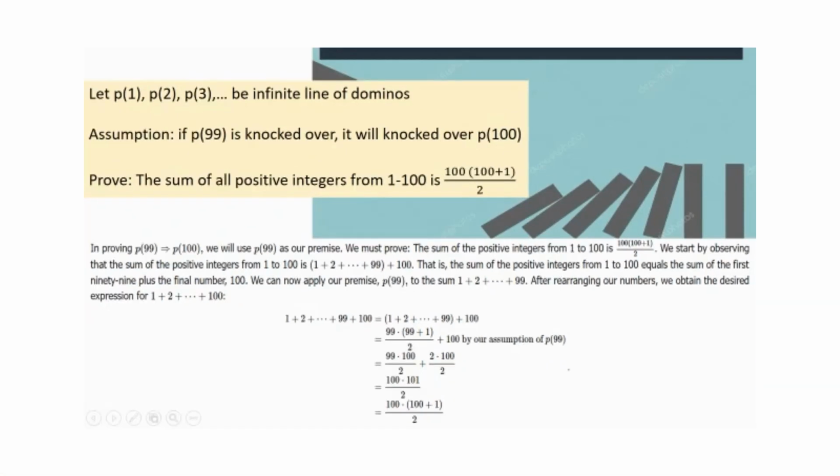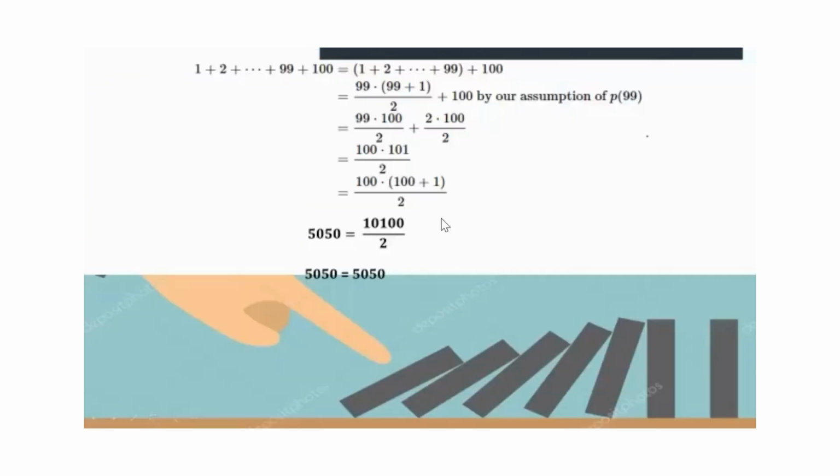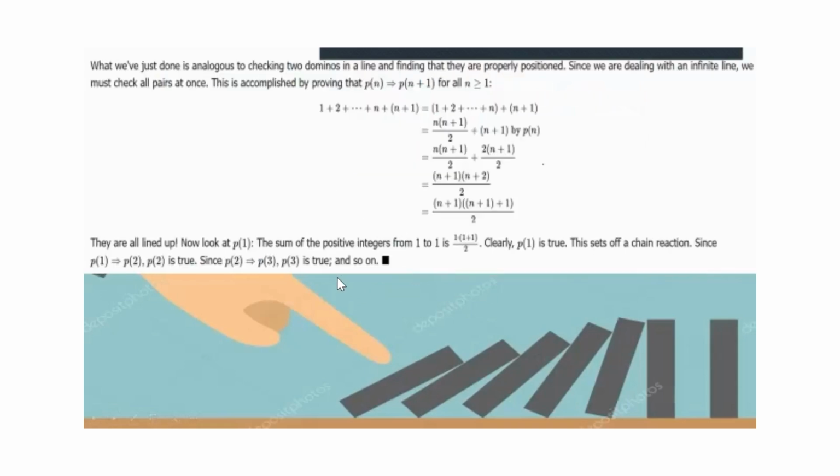Simplifying the expression, we have 100 times 100 plus 1 over 2. So if we solve, this will be our answer. We can see that we have equality, so they are equal.